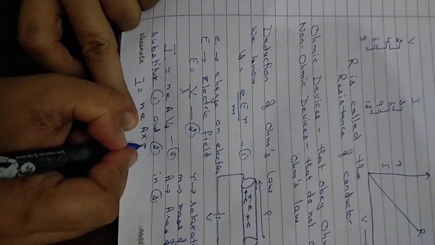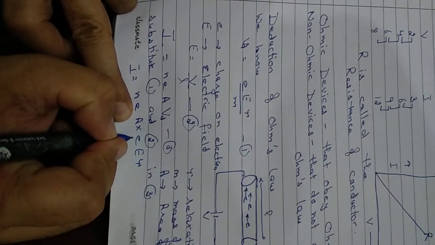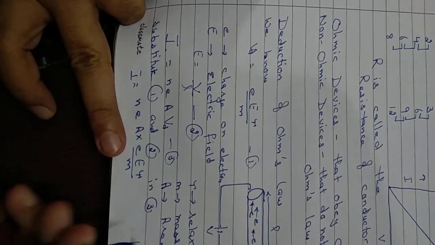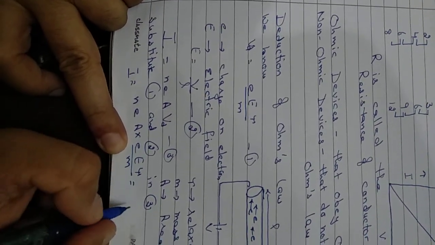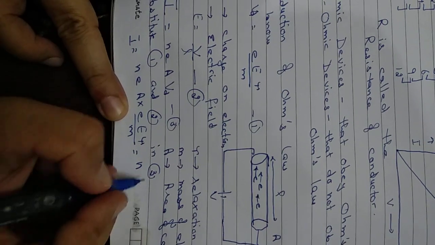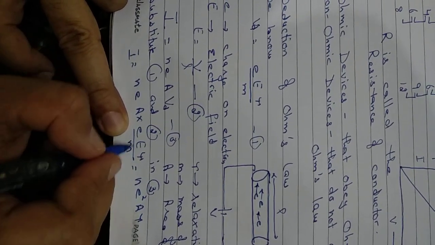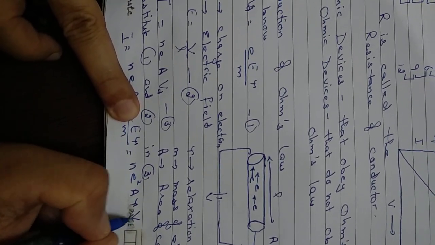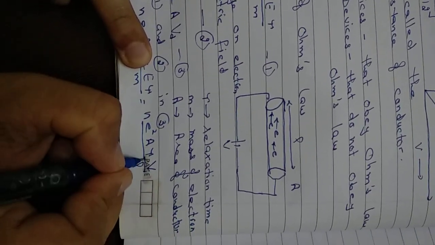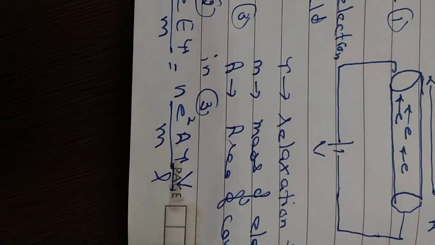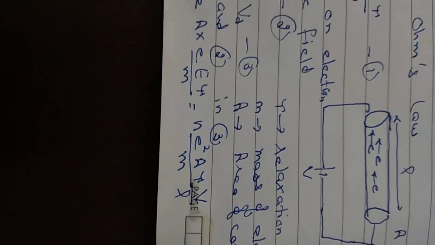Vd is equation number 1, e tau upon m. And what is E? E is V upon L, so we substitute equation number 2. What we get is N e into e, that is e square, A tau, and instead of E we get V upon L divided by m. So N e square A tau upon m L.